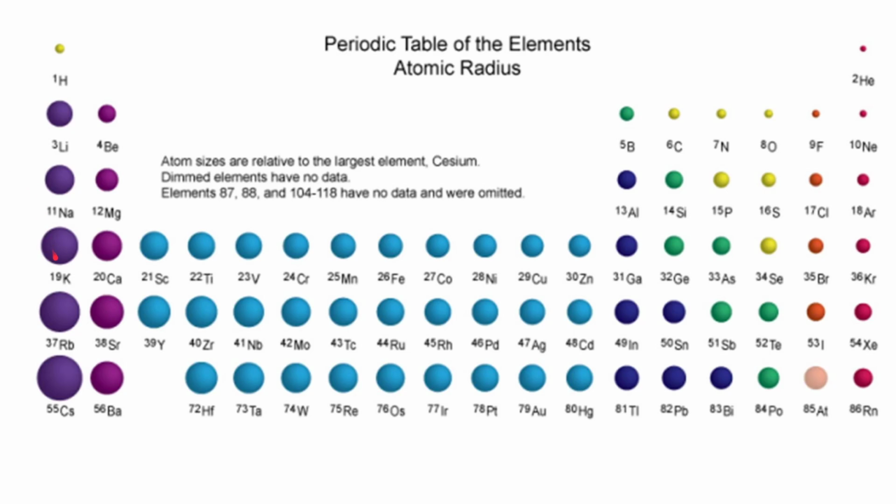Let's look at something here. Let's start at potassium, and let's go our way across. Jump into calcium, it gets a lot smaller. Going across, it gets even smaller still over here. Why do you think this is? This is something that you have to think about a little bit. It's a little bit more complicated.